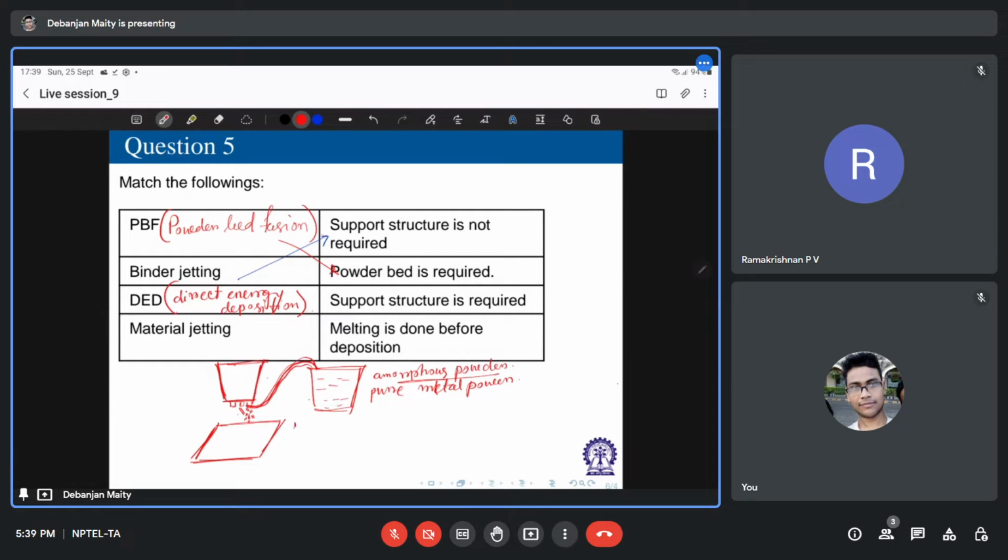So what happens is, before deposition itself, the powder melts, and it deposits in terms of a melt layer or maybe a semi-solid layer, by the time it gets deposited over the substrate.